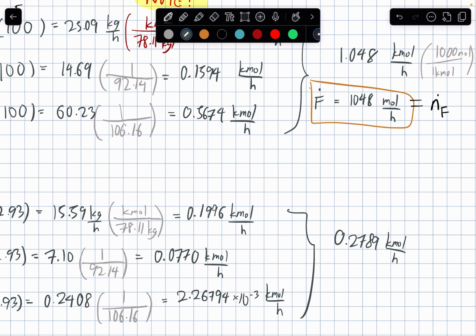Convert this into moles per hour. To 78.87.